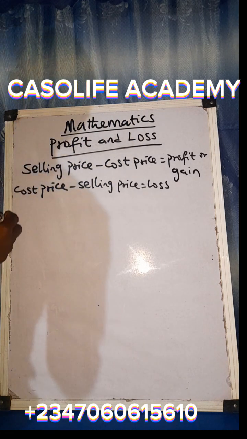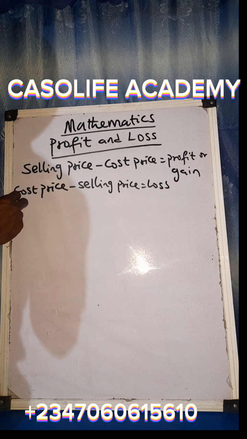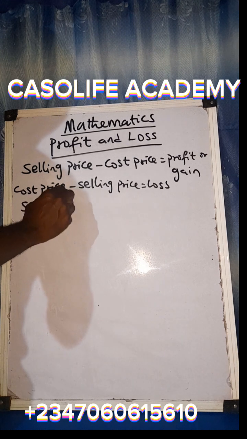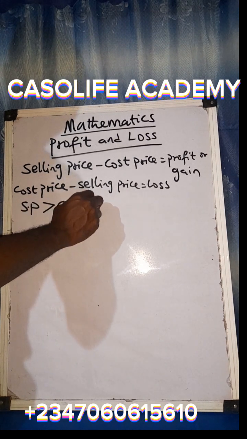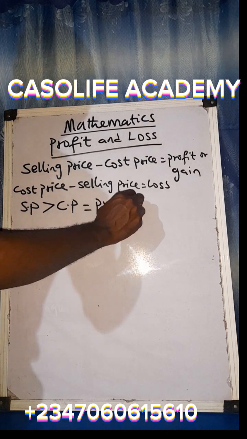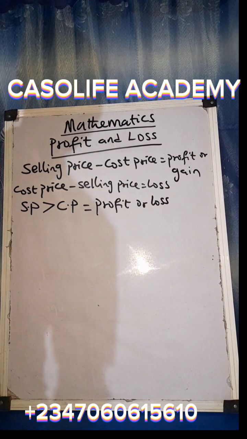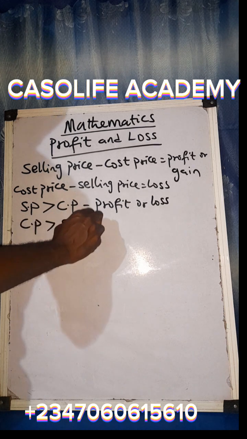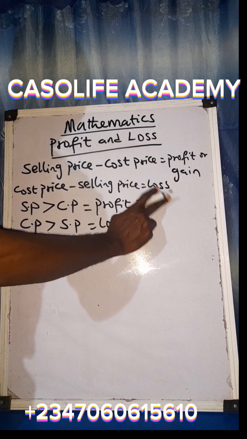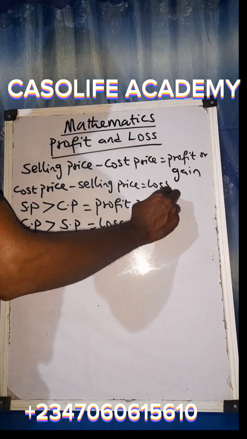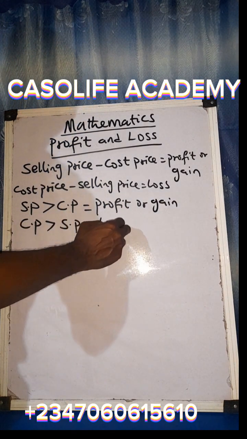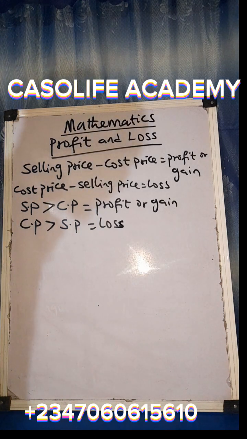Also, you should note that when selling price is greater than cost price, we have profit or gain. And when cost price is greater than selling price, we have what is called loss.